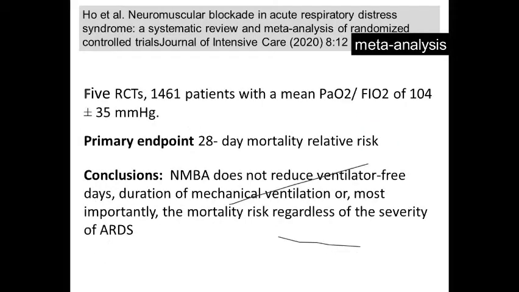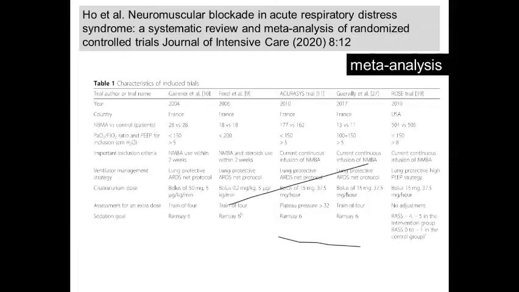Now, to put all these randomized controlled trials together, we have another 2 or 3 review articles, meta-analyses, all of them in the last 2 months. This one looked at 5 articles, except the Chinese one, and their conclusion is that there is no benefit of using neuromuscular blocking agent in patients with ARDS.